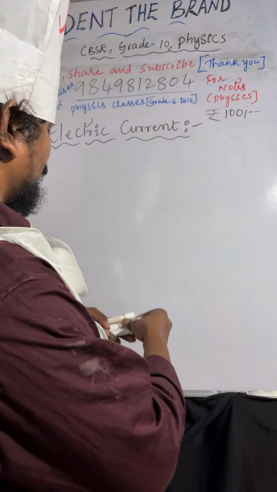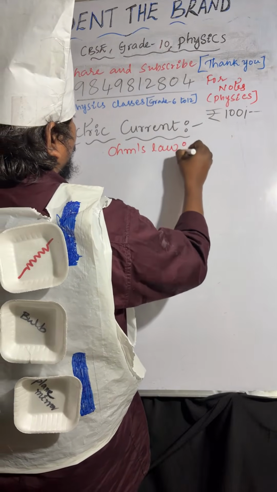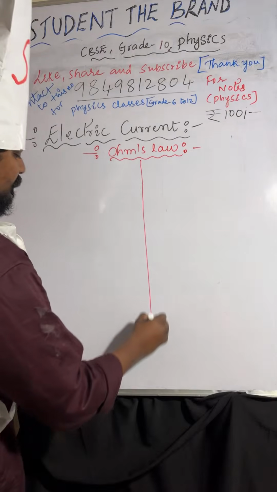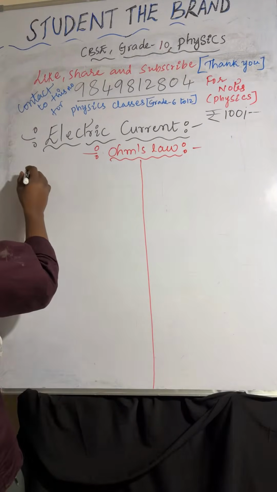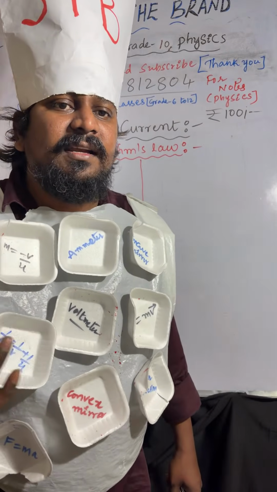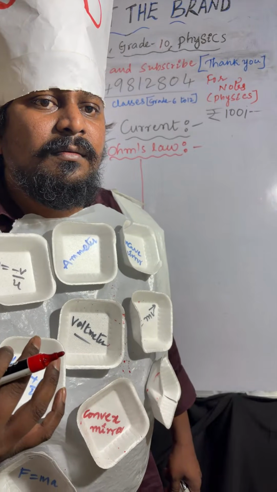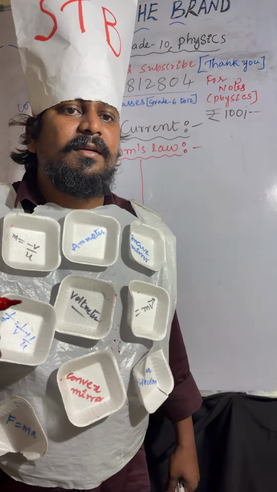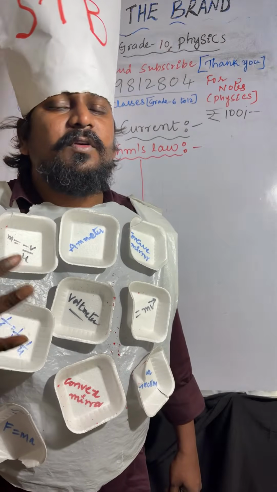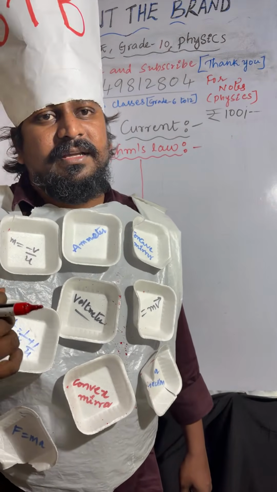Ohm's law. The potential difference across the ends of the given metallic conductor is directly proportional to the current flowing through it at a constant temperature.